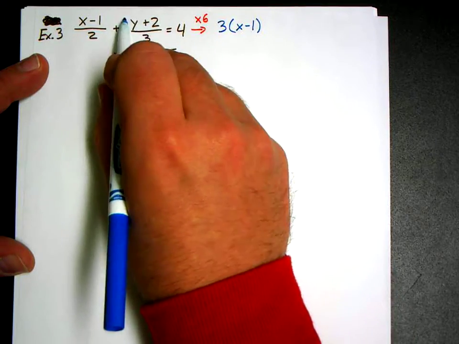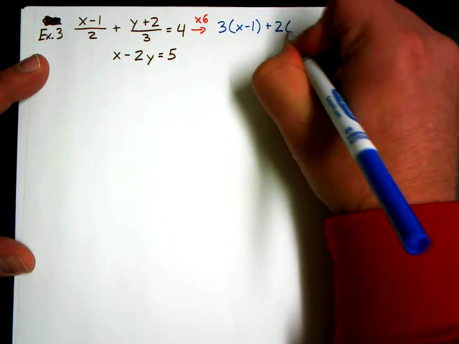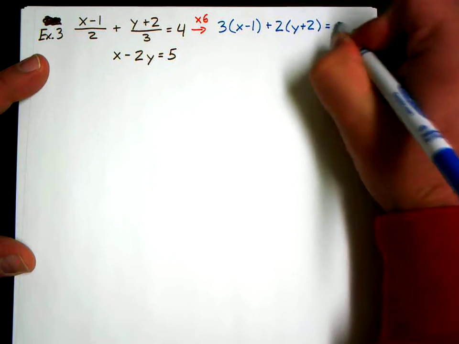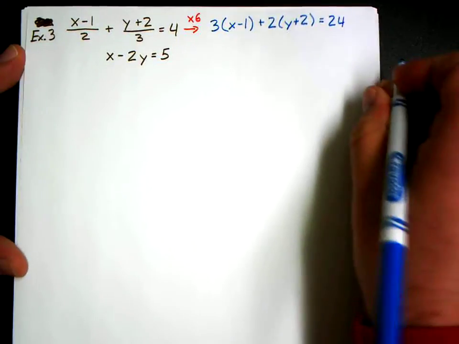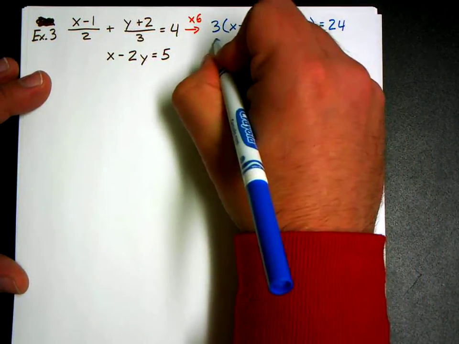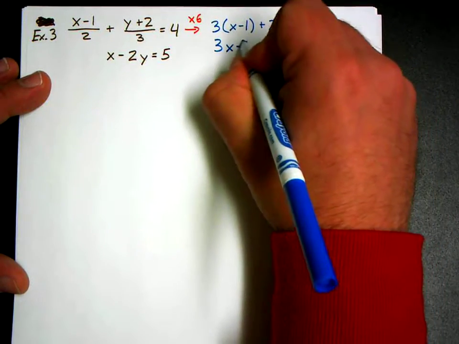The 3 in this one would cancel out with the 6 and leave a 2. So then let's simplify this, because this is going to be a lot different looking equation than it started off looking like.